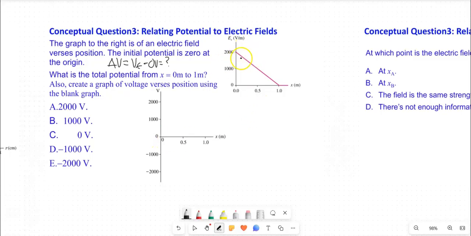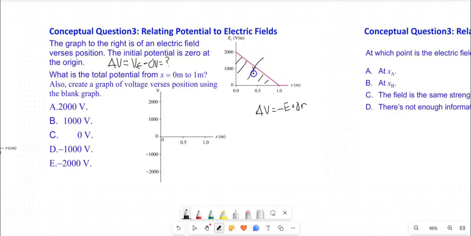Okay, so the area under this line is the negative of the change in voltage, right? Delta V is going to be equal to negative E dot delta R. And so this area, I'm seeing a triangle here.